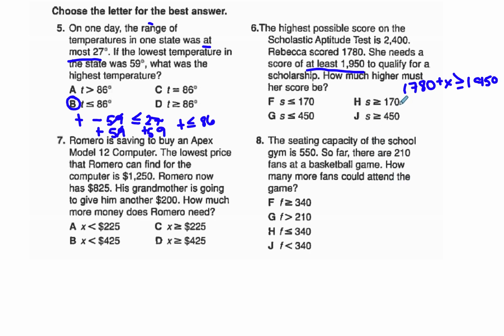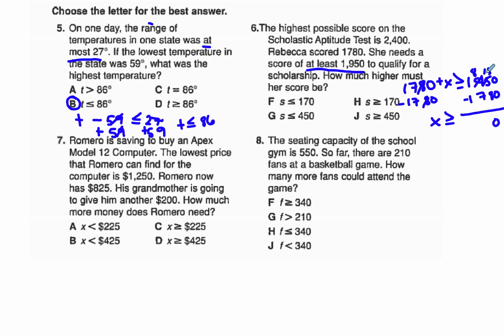So now we're going to subtract on both sides of our inequality. So we get x is greater than or equal to, let's see, 0 minus 0 is 0. 5 minus 8 takes us into the negative, so I'm going to borrow, make that an 8.